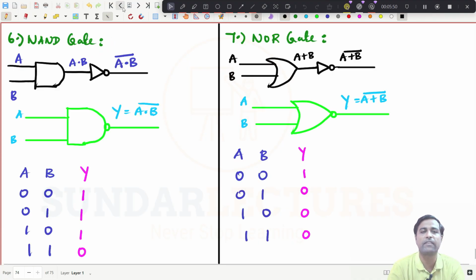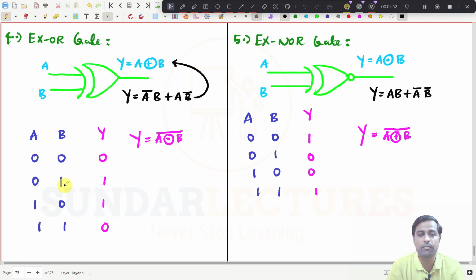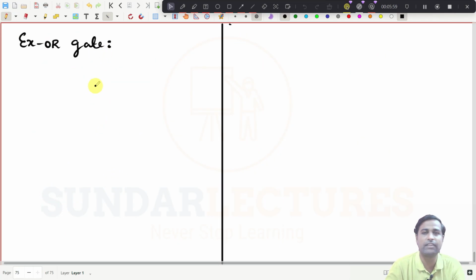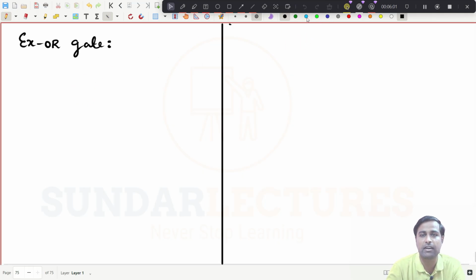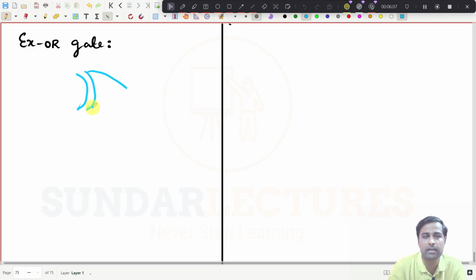See, what is the principle of the XOR gate? We have seen, right? If both inputs are inverted, then the output will be high. That is what we have seen. And now I will draw the diagram. This is my XOR gate.